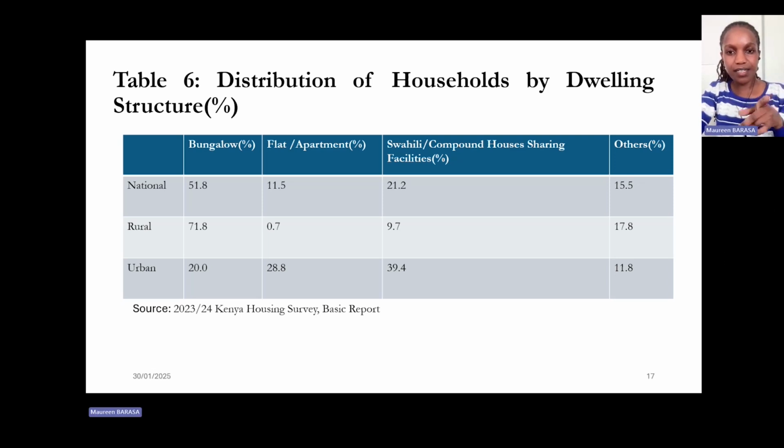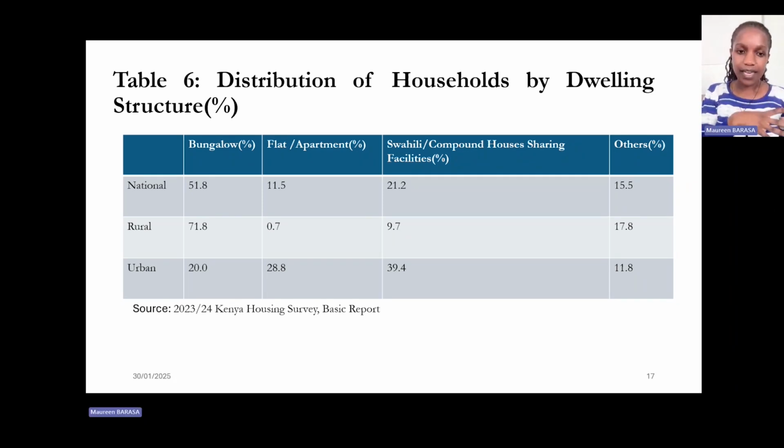Yeah, this is just a computation from the other chart, which explains the distribution of households by dwelling structure. And from this, and from the national numbers, you can see the bungalows are the most dominant dwelling structure, and majorly they're situated in the rural areas.